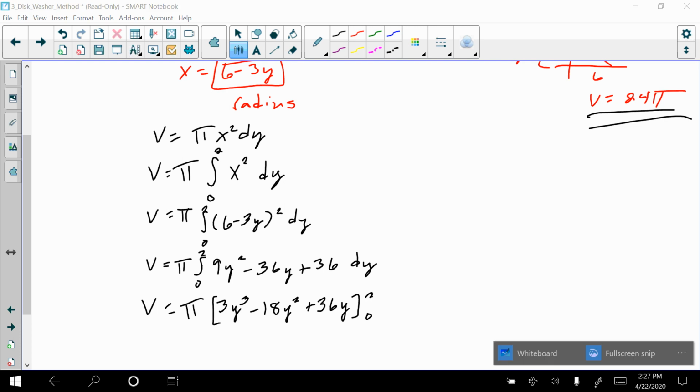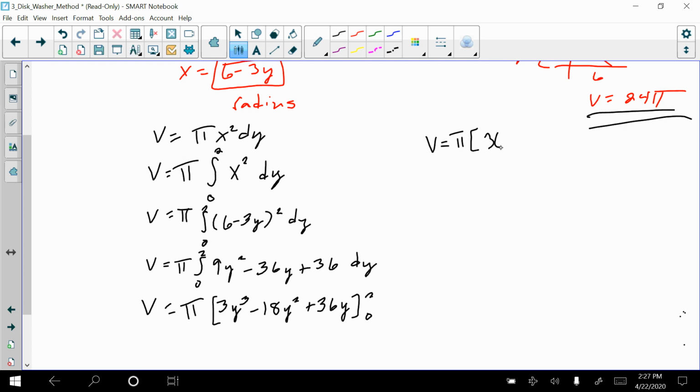So I'm going to bring it up here into this white space where I have a little bit more space to write instead of continuing to go down. So I'm going to say volume is going to be equal to pi times, and let's start substituting in our numbers: 3 times 2 cubed minus 18 times 2 squared, and I didn't go down far enough.